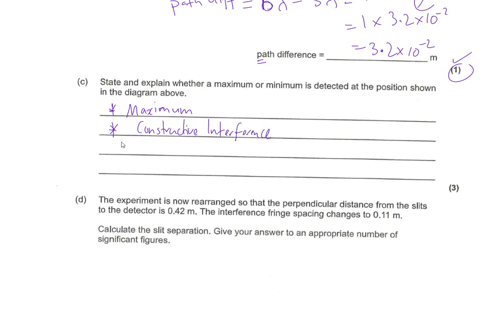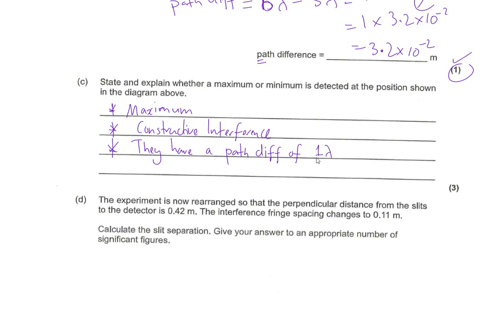Now, why do we get a constructive interference? We get a constructive interference because the waves have a path difference of 1 lambda.